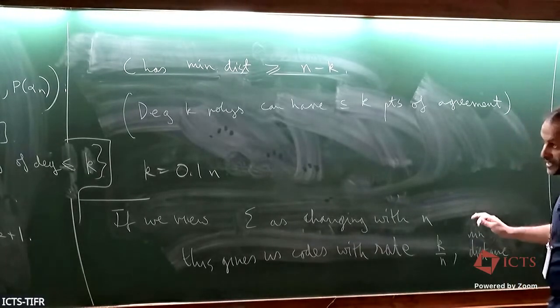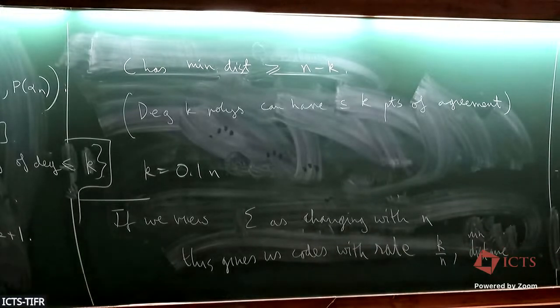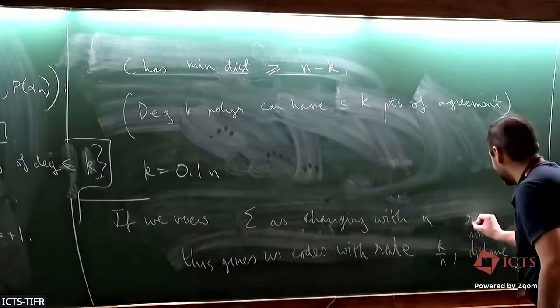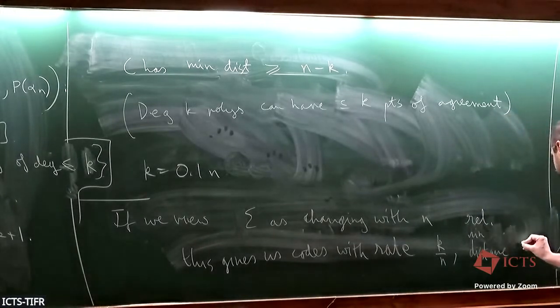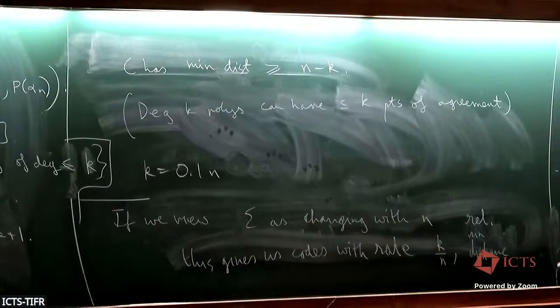So there's minimum distance and there's relative minimum distance. Relative minimum distance is just the minimum distance divided by n. So I will say that the relative minimum distance is n minus k divided by n, which is 1 minus k over n.